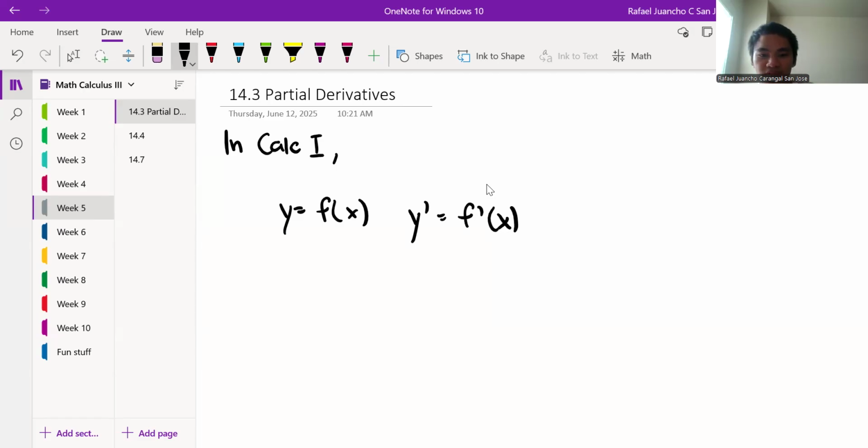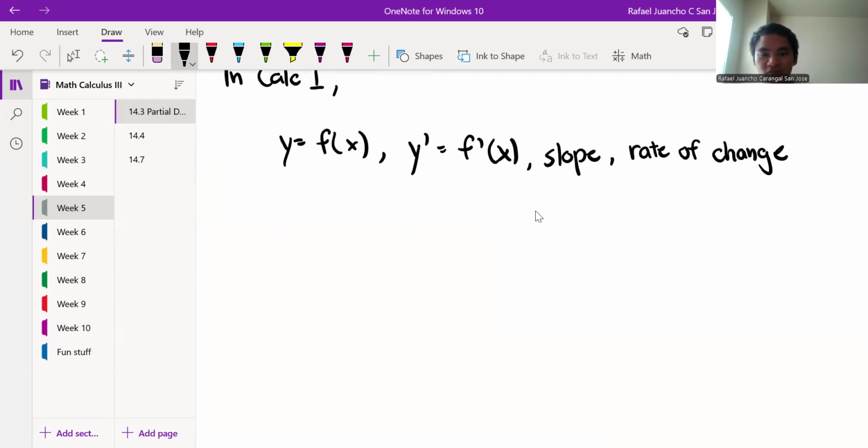And basically, when we take its derivative, we call this some slope, right? We call this a rate of change of a curve in a 2D plane, right? So that's in Calculus 1.